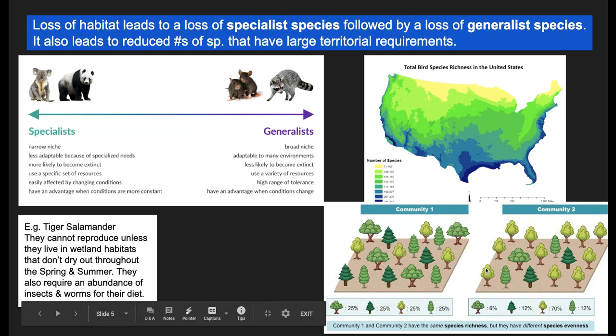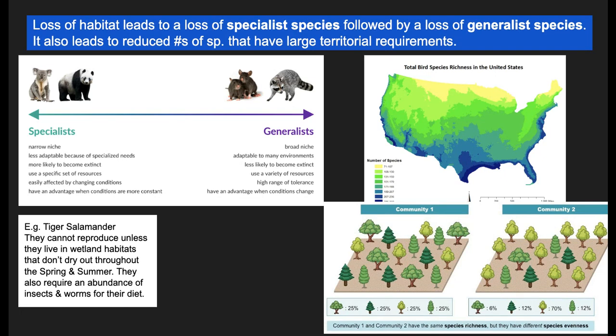Now, I talked to you about species richness, which is the number of species present in an ecosystem. If we look at this forest over here, there are four types of trees. So this community is going to have a species richness of four, and this community is also going to have four because it also has four different species of trees.